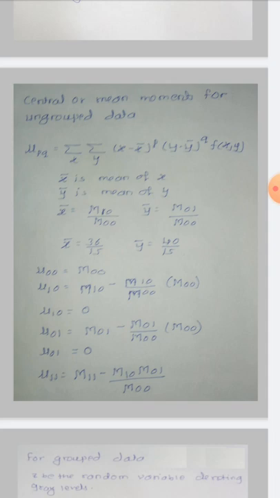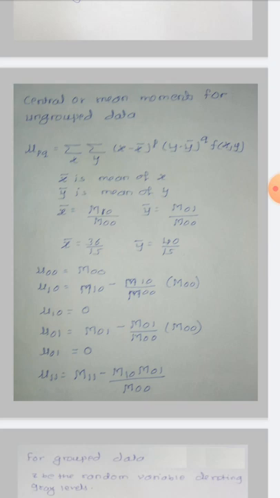The disadvantage of the raw moment is that when we are finding the moments, there is a large effect of which row and which column that particular pixel exists in. That's why we can calculate central or mean moment here to remove the disadvantage.